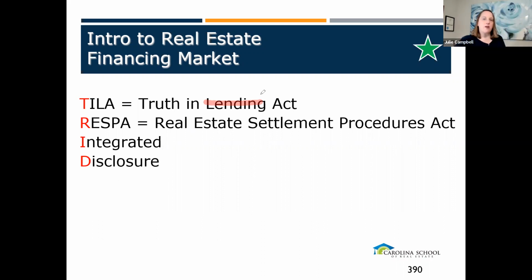When you see the word RESPA, I want you to see the word settlement. RESPA tells the consumer the cost to close. So TILA covers lending charges, RESPA covers settlement charges, closing charges. Again, talking about a little bit more on each, just introducing you to TRID.